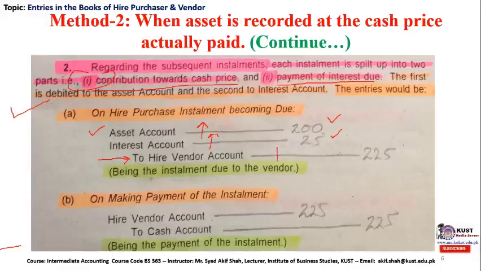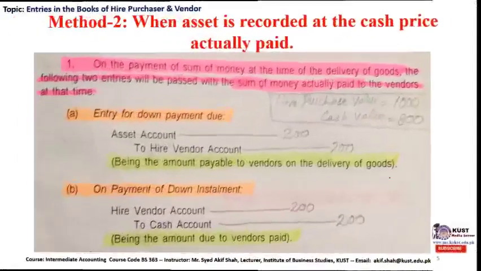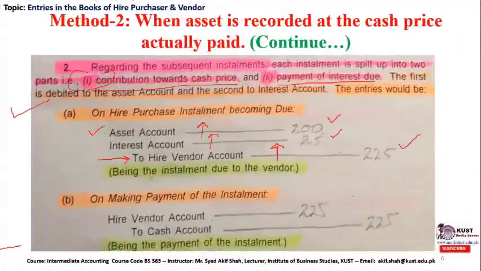Since this is our liability, an increase in liability is recorded as credit, therefore we have recorded the hire vendor account with a credit entry of rupees 225. Bear in mind that we have assumed these values for the down payment, the interest rate, and the hire purchase accumulated value along with the cash value of this machine or asset. So this is the way the first installment will be recorded, and then the payment entry will be recorded by the hire purchaser in the subsequent step.